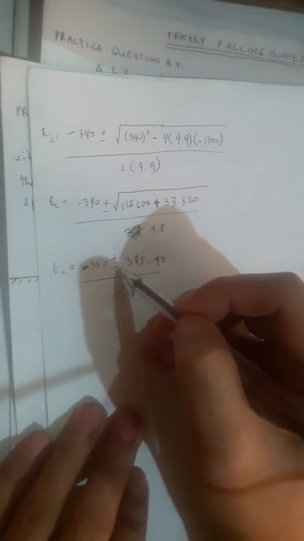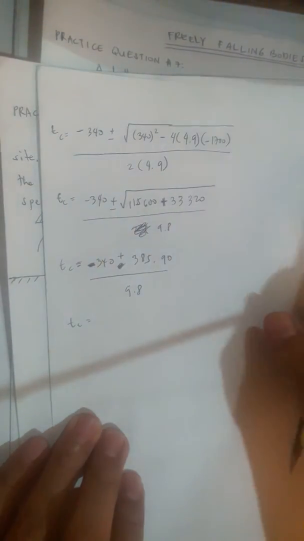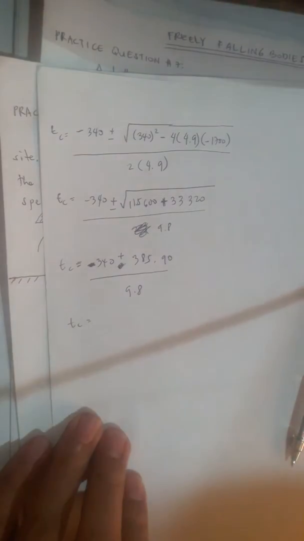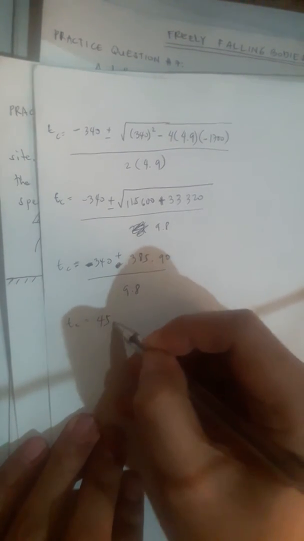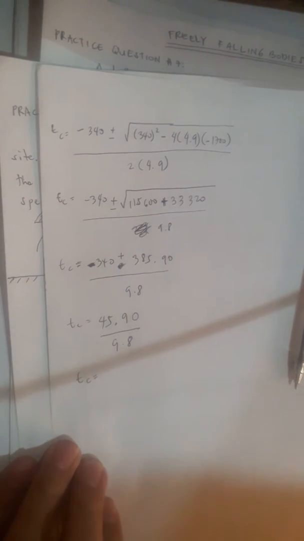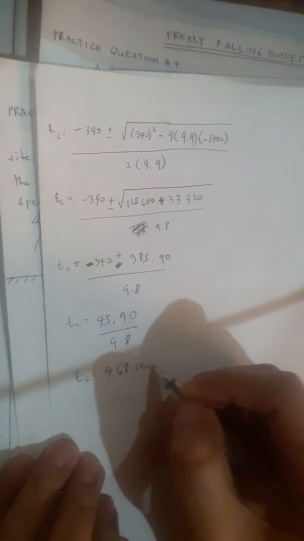Walang time na negative. So, out of the question, hindi pwede yan. Ang gagawin lang natin is i-add na lang natin sila. So, the TC now is equals to negative 340 plus 385.90, that's equals to 45.90 divided by 9.8. So the time of the coin, that's 4.68 seconds.